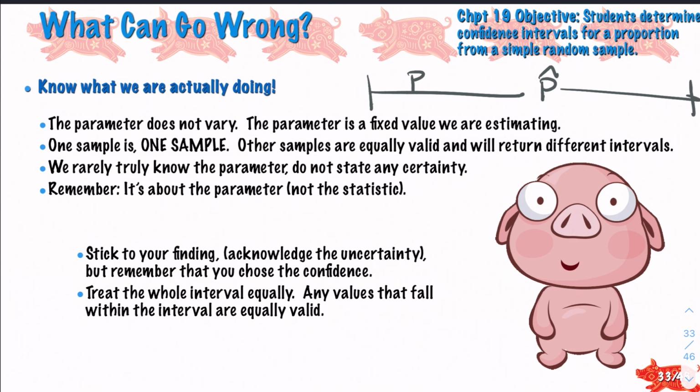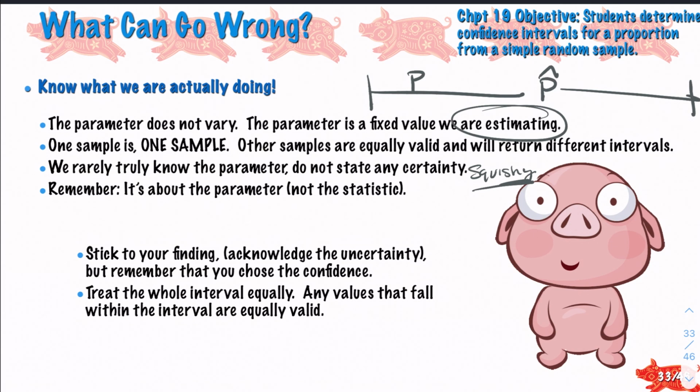The true population parameter, p, does not vary. The parameter is a fixed value we are estimating. One sample is one sample. Other samples are equally valid and will return different intervals, as we saw with that computer printout. We rarely truly know the parameter, so do not state this with any certainty. It's always those squishy words, right? That's our squishy stuff.